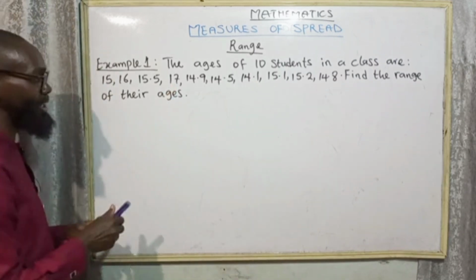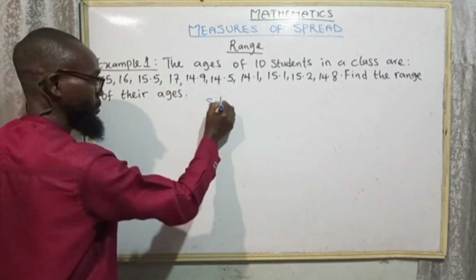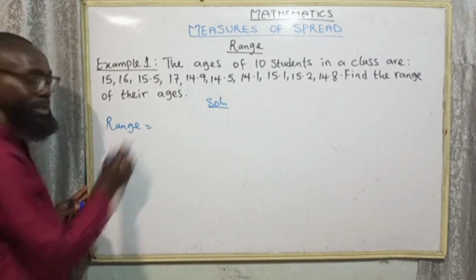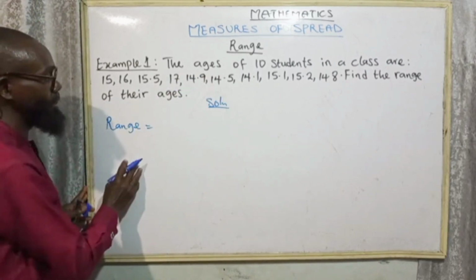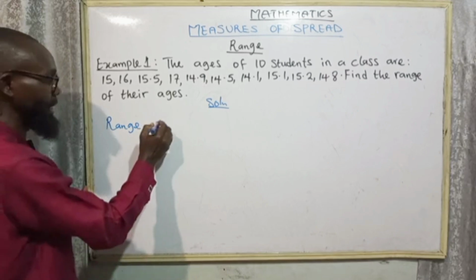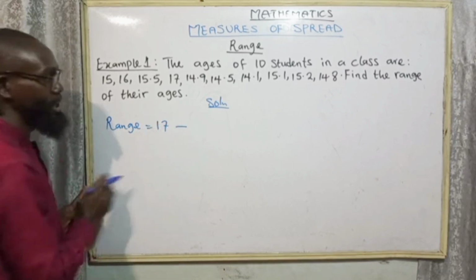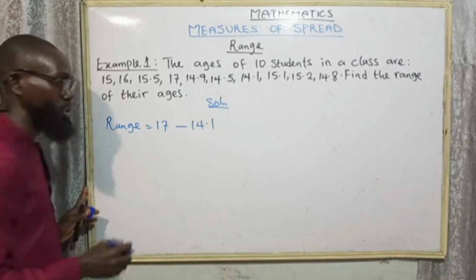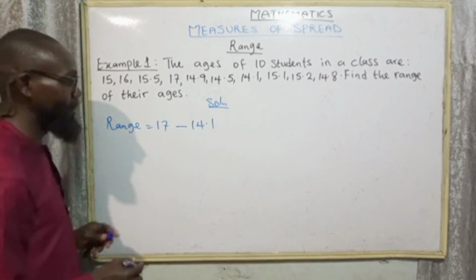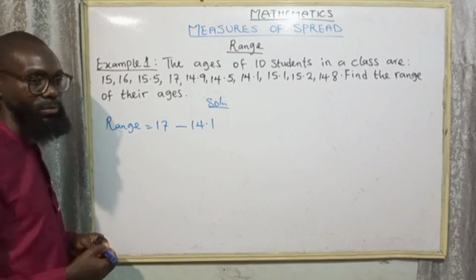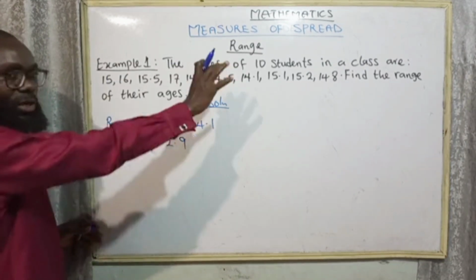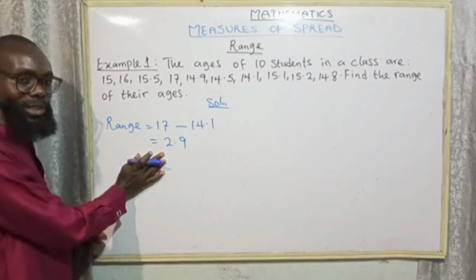So to calculate the range, it will be the highest value, 17, minus the lowest value, 14.1. So we take away 14.1 from 17. We have 2.9. So the range of this data is equal to 2.9.